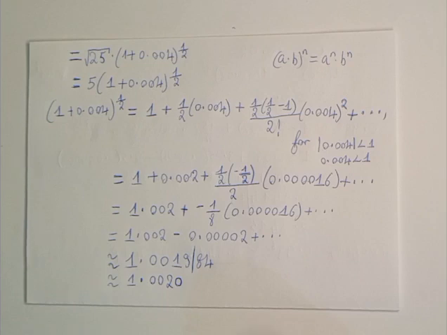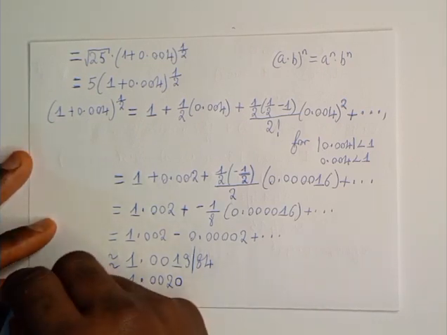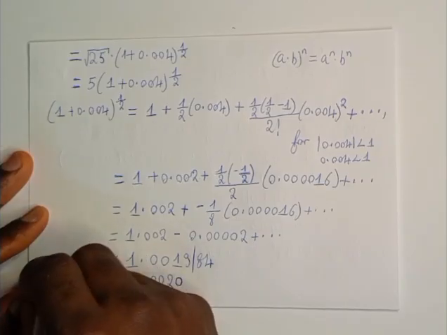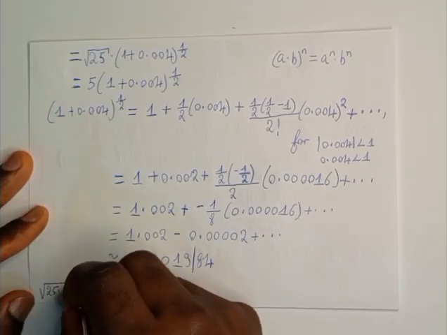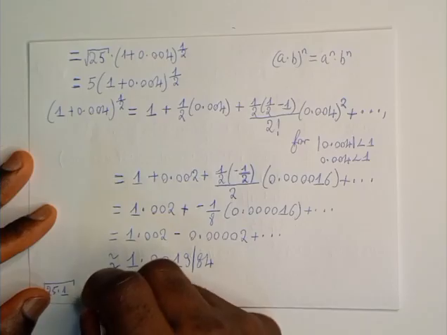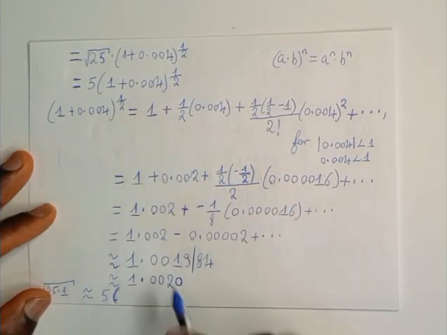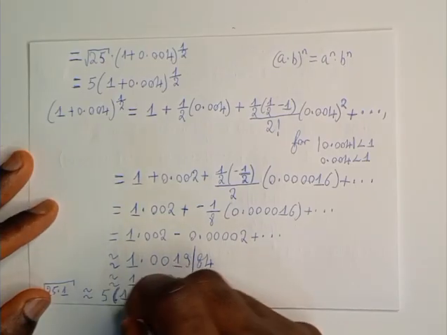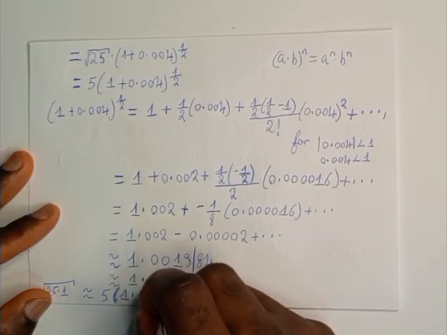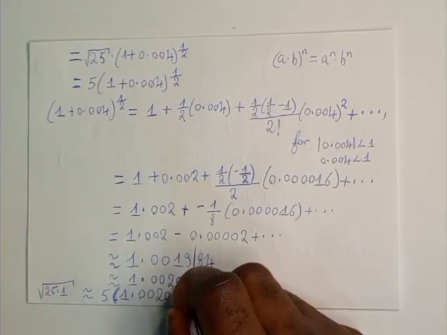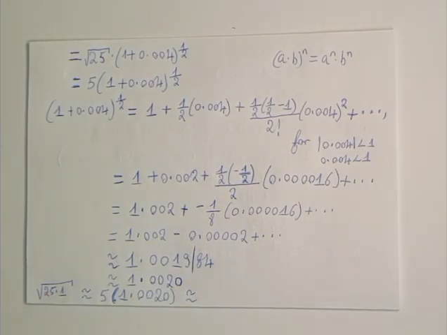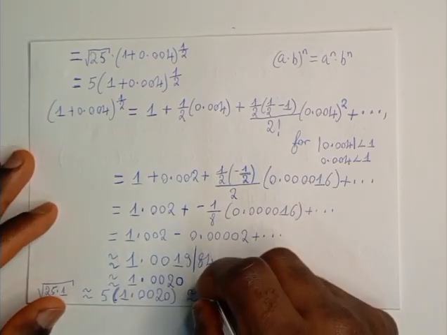It therefore means the square root of 25.1 will be approximately 5 times, we are going to replace this expansion with 1.0020, and this will be approximately, we take 5 times 1.002, which gives us 5.01.